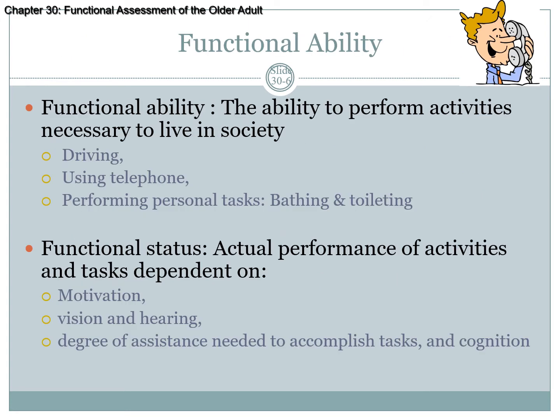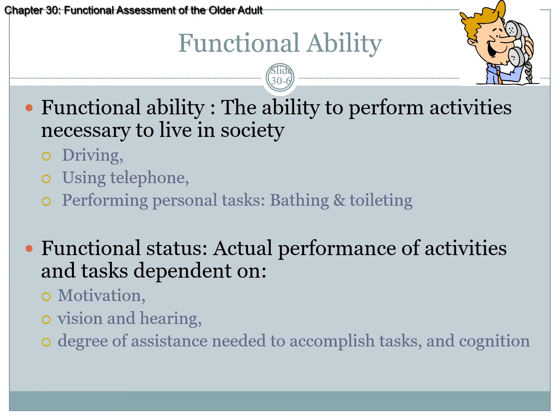So we assess the person's ability to perform activities that will help them to remain safe at home. So there are activities such as maybe being able to use the telephone if there's an emergency to call 911, being able to drive, being able to give themselves a bath, like ADL activities. And then activities that have to do with functional status, such as maybe are they having potential problems with being motivated to do something.